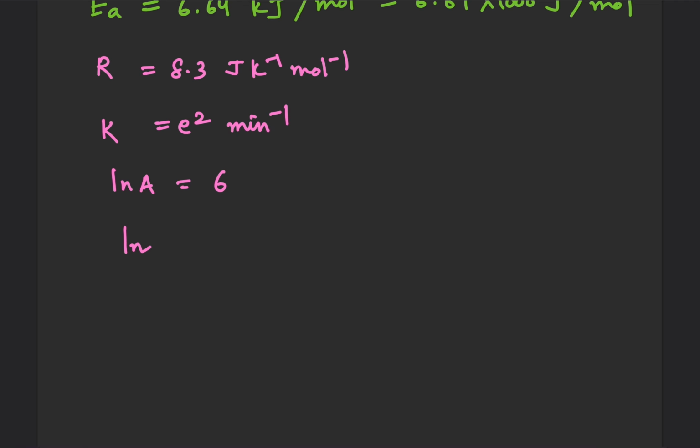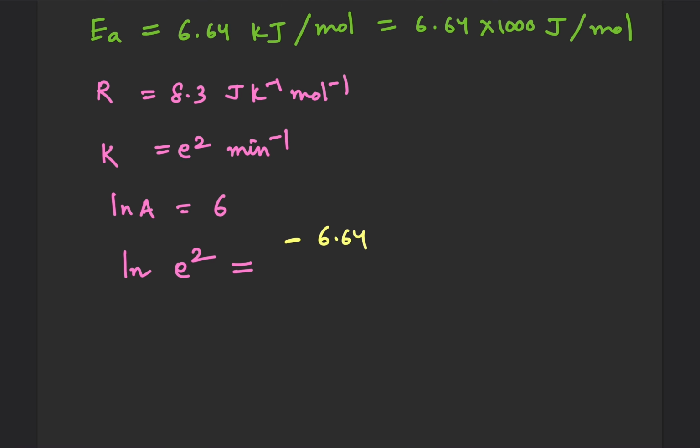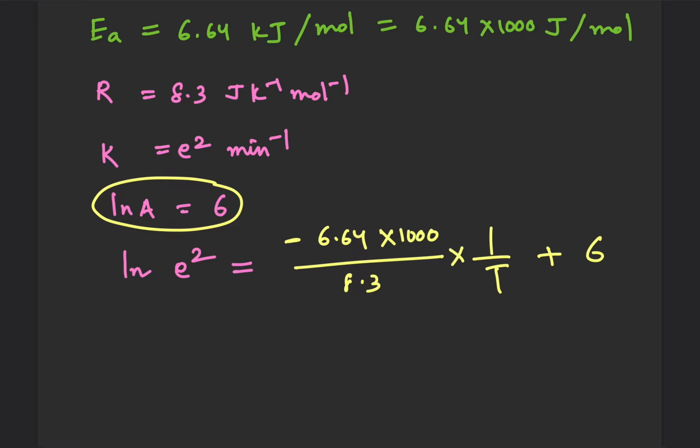Instead of k I write e square, equal to minus 6.64 into 1000 divided by 8.3 into 1 by T, where T is what we are supposed to calculate, plus 6.